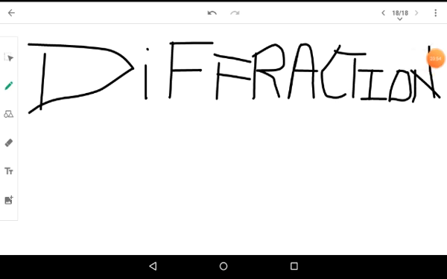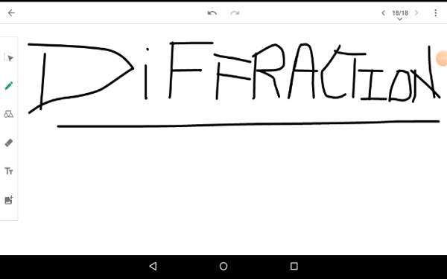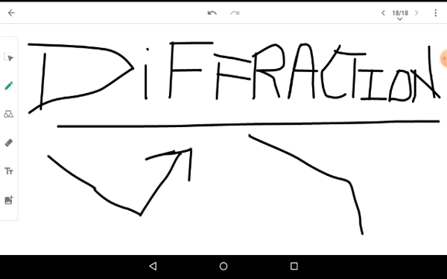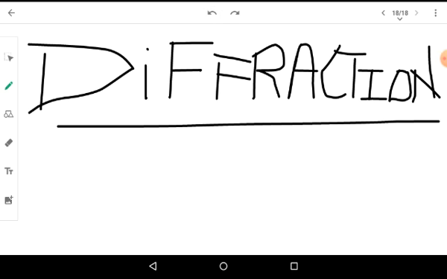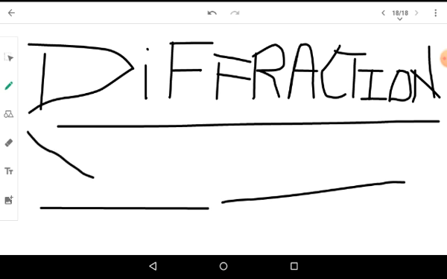Okay, so this is a very good topic, diffraction. You might have read about the properties of light. It reflects, or it bends. If I have a surface here, light comes and goes like this.